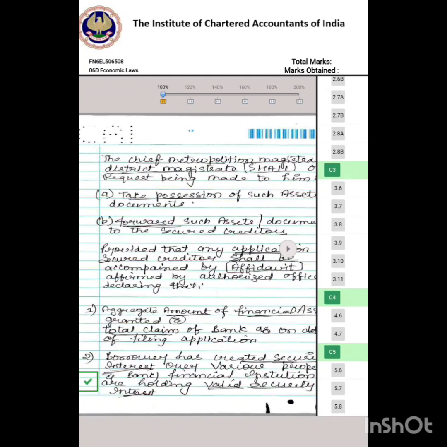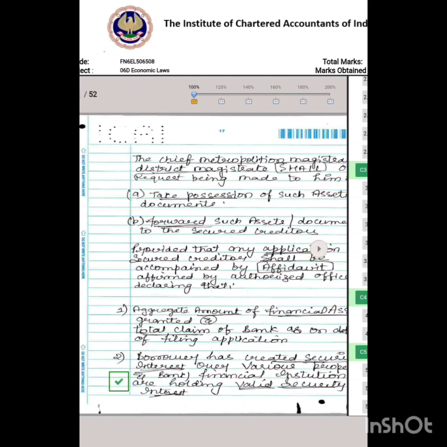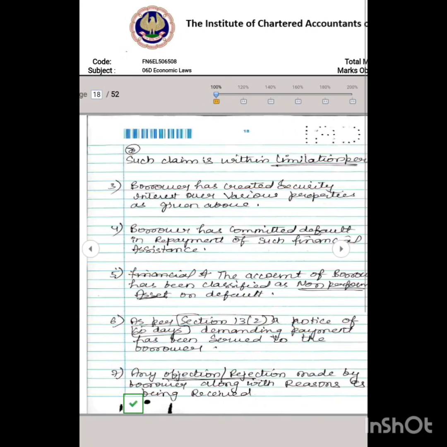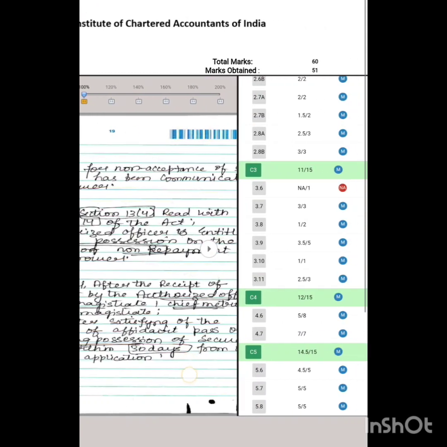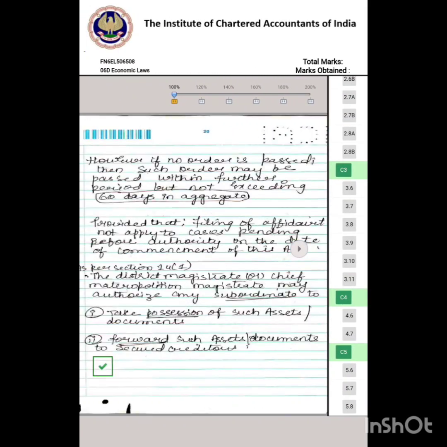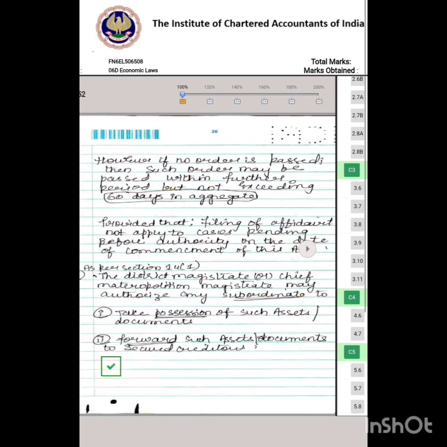Underlining the points is very important here, and knowing what to present in your answer: section numbers, case law names. All those things are important in paper 60. So this is how I presented my answer. You can see there is nothing extra I did in my paper.